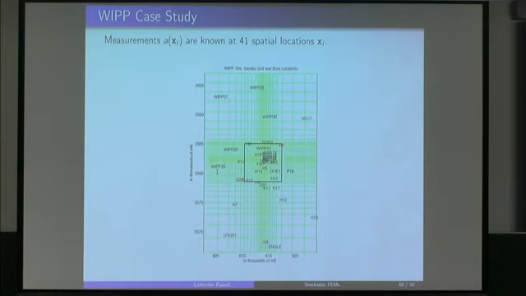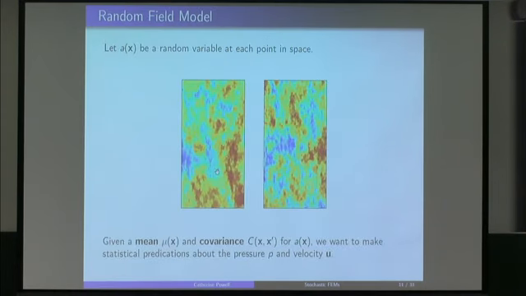So what is typically done, we use these 41 measurements and we do some sort of statistical crunching, and we come up with a hypothesis for a distribution for the permeability field across the entire spatial domain. So we then cook up, I do mean cook up, a mean, a variance, and a distribution.